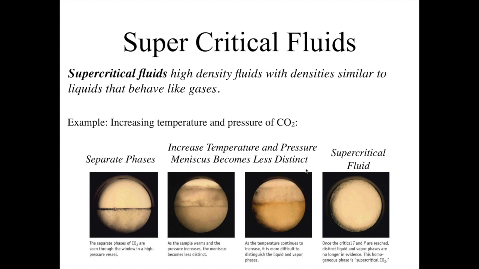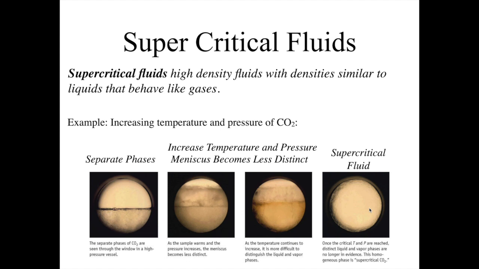And you can see a meniscus. There's liquid carbon dioxide below, and above is gas phase carbon dioxide. And there's this equilibrium between the phases. As you increase the pressure, you start to see the meniscus disappear. Then finally, it disappears when it becomes a supercritical fluid.